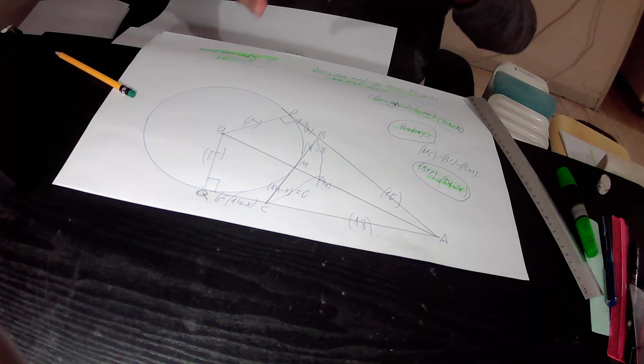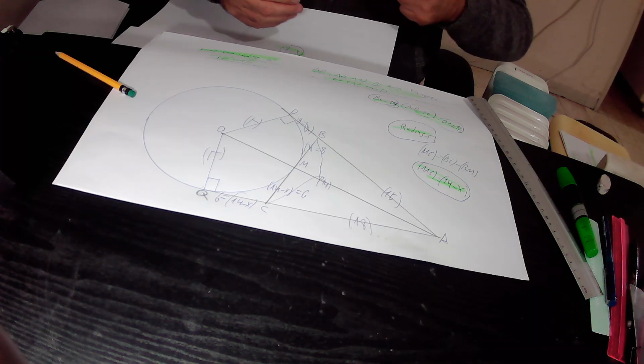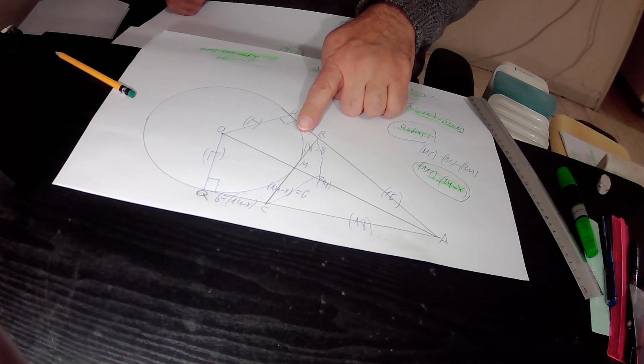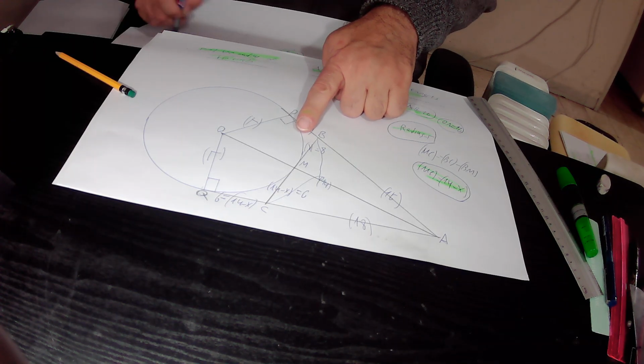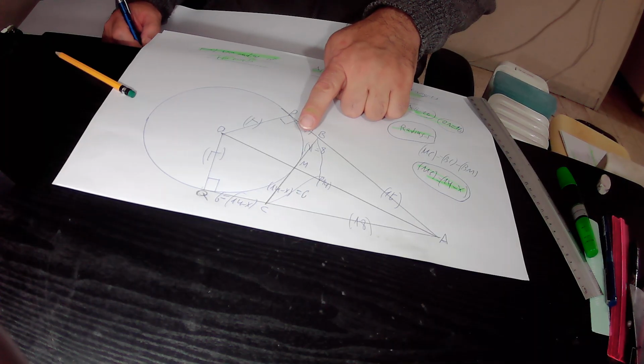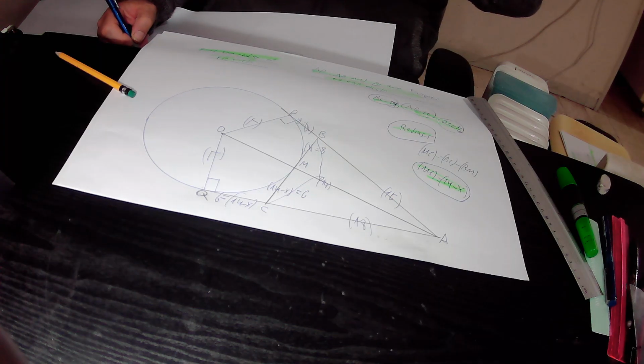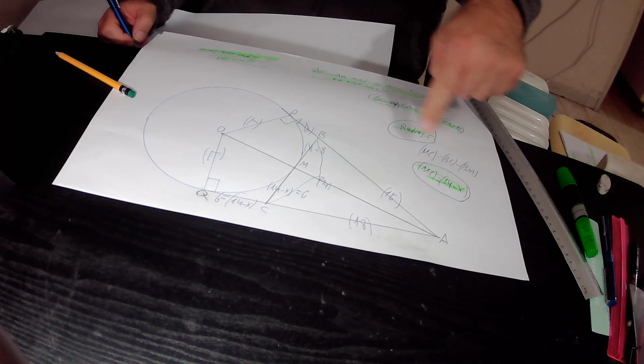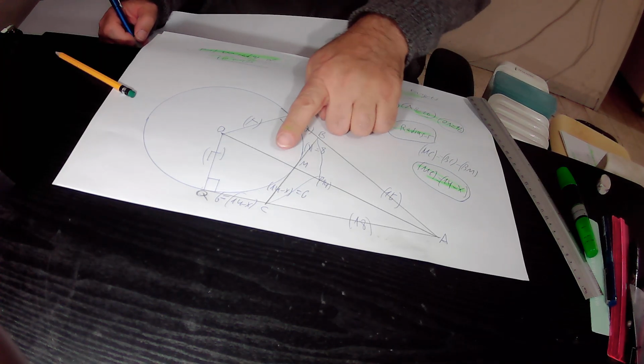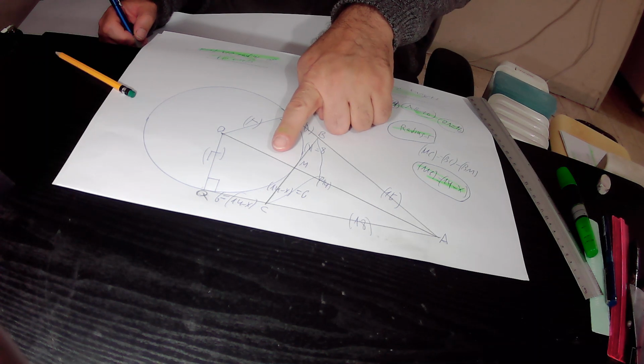So the area of this quadrilateral APOQ must be equal to the area of the first component, which is the upper right triangle APO, plus the area of the second component, which is the lower right triangle OQA.